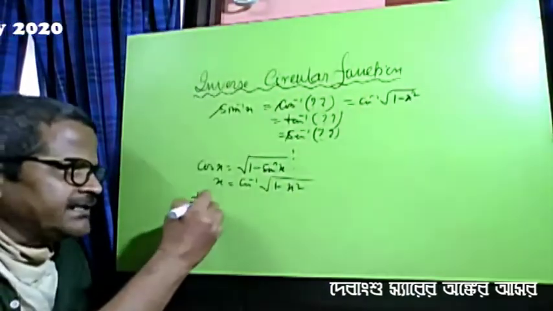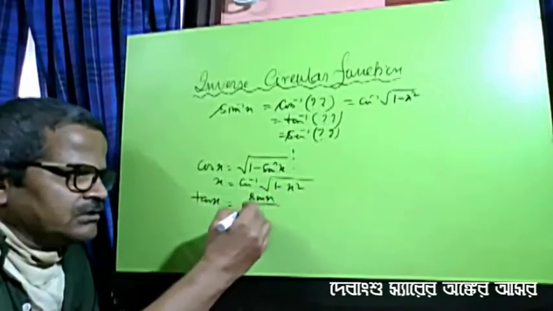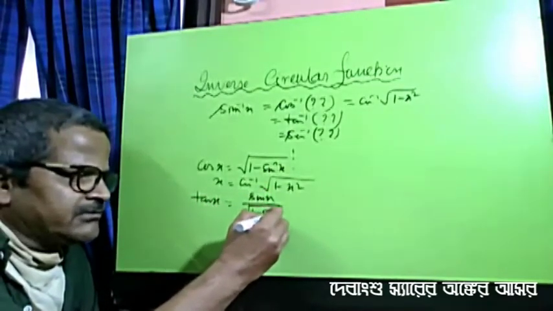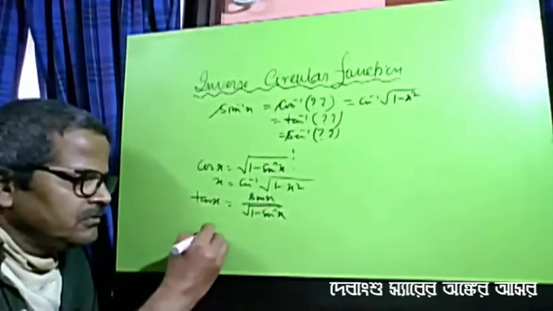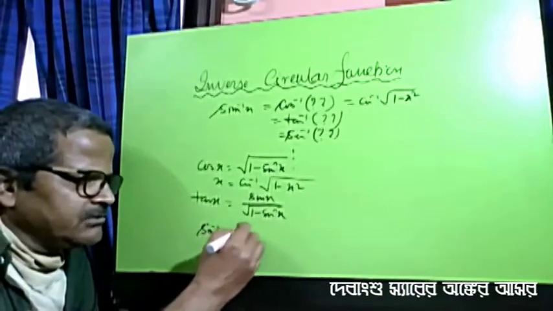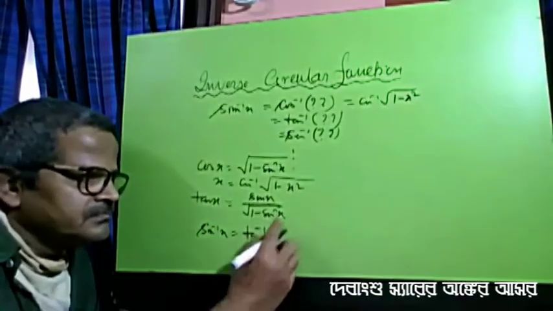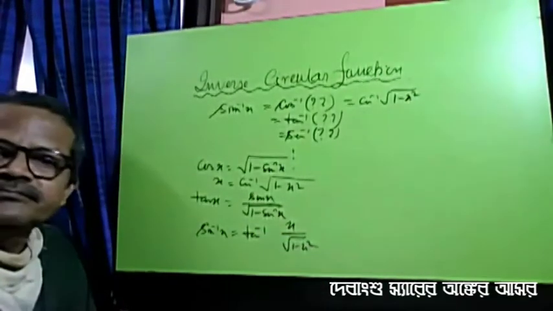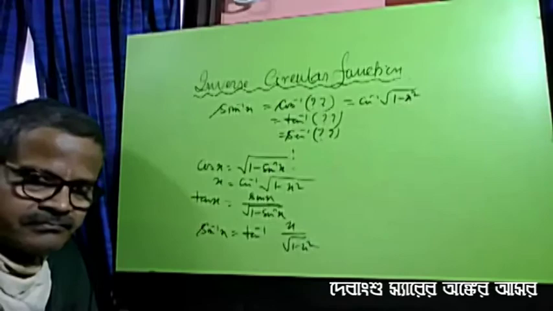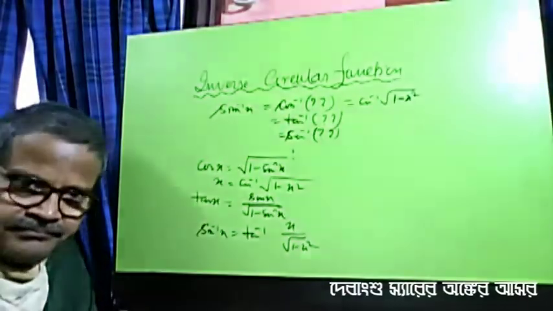Now see tan x. Tan x is sin x by cos x, that is sin x by root over 1 minus sin square x. So sin inverse x is equal to tan inverse x by root over 1 minus x square. Express tan x in terms of sin x.